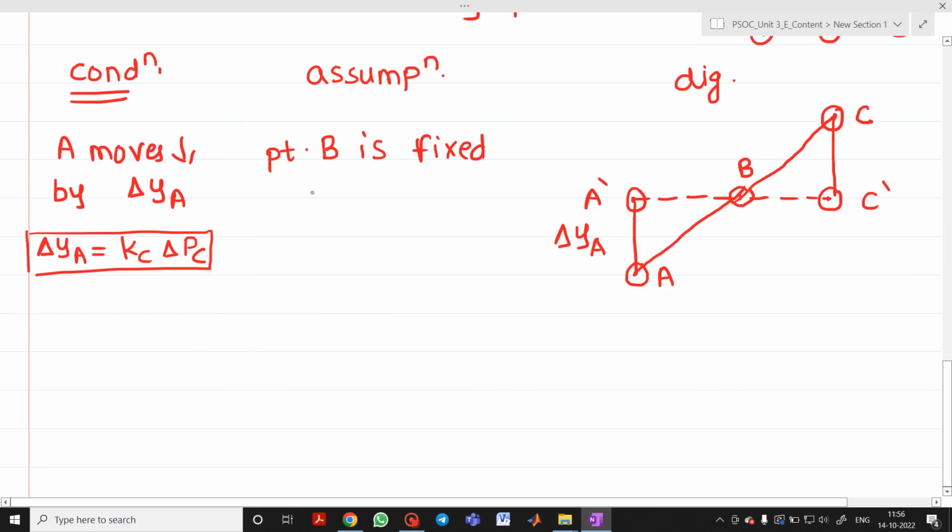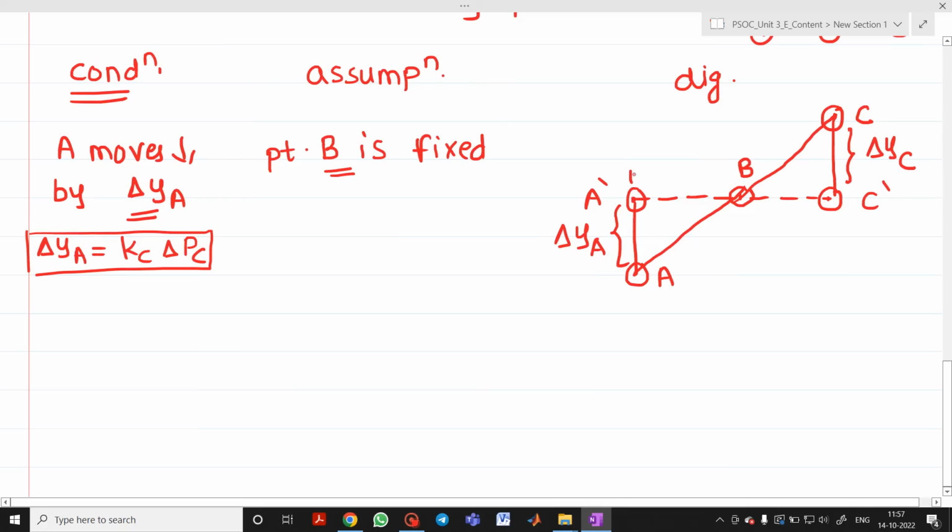Please try to understand. A moves in the downward direction by delta YA and point B is fixed, so it is pivoted at B. So automatically C will move in the upward direction. This will be the change in the position, which is denoted by delta YC.